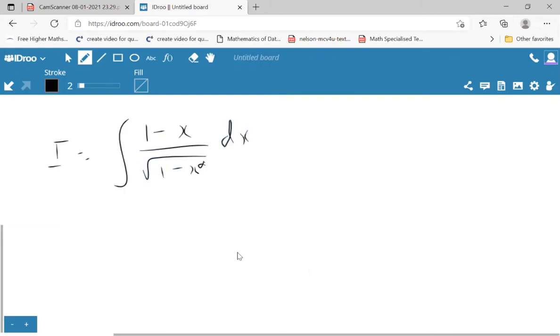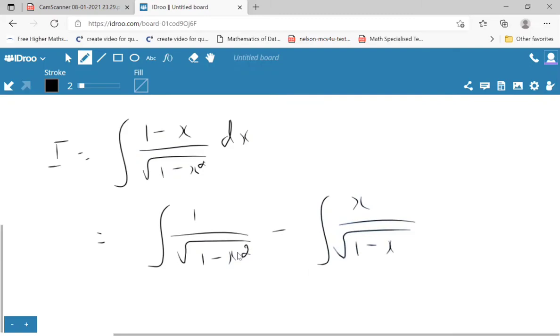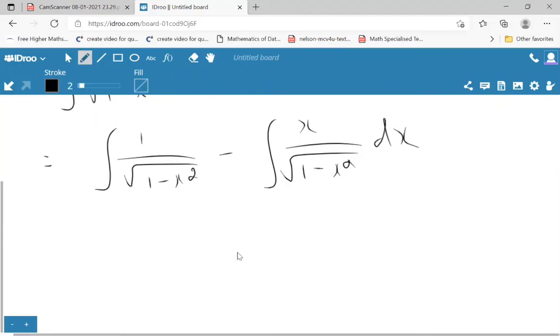Same way, let me separate this: integration of 1 by root of 1 minus x squared minus integration of x by root of 1 minus x squared dx. Clearly, the first one is of the form root of a squared minus x squared, which is nothing but sine inverse of x. Sine inverse of x minus.